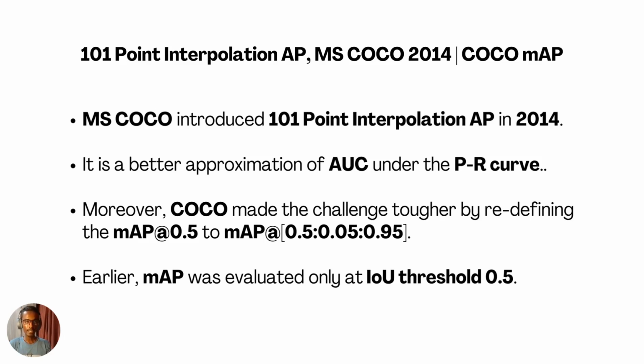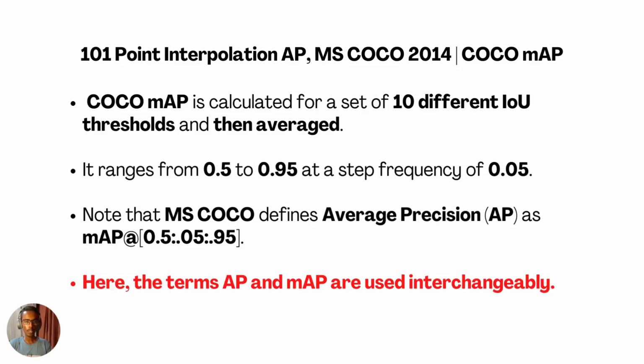But on the COCO dataset, they used different IOU thresholds. So earlier, mAP was just evaluated only at an IOU threshold of 0.5. But for the COCO dataset, they used 10 different IOU thresholds and then averaged all of the mAPs computed.